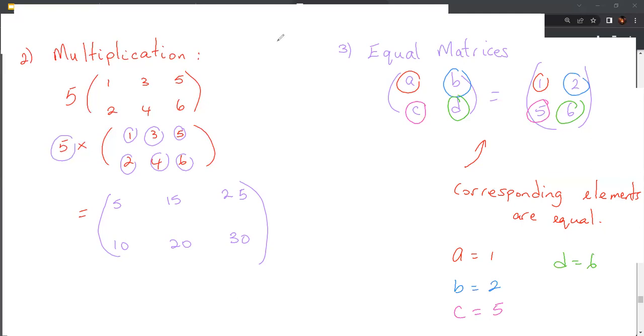Next step, multiplication, matrix by a matrix. All right, so let's look at multiplication with respect to a matrix by a matrix.